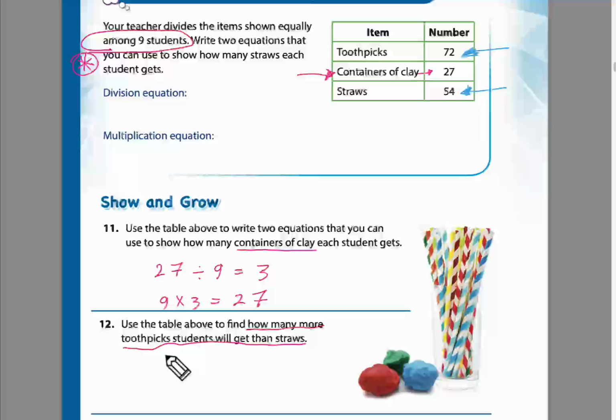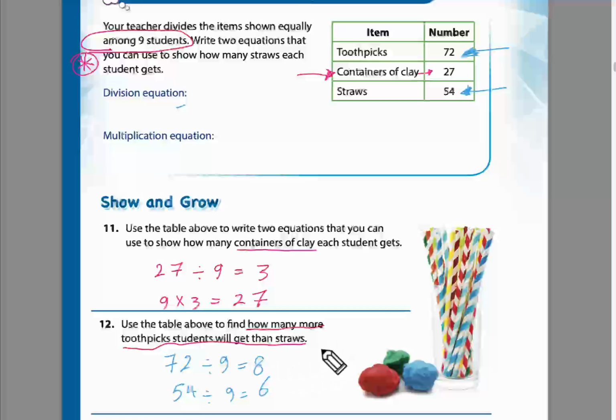So 72 divided by 9 equals? 8. Great. Now, for the straws, we need to divide 54 by 9. We did this before already, but we can do it again here. 54 divided by 9 equals 6.